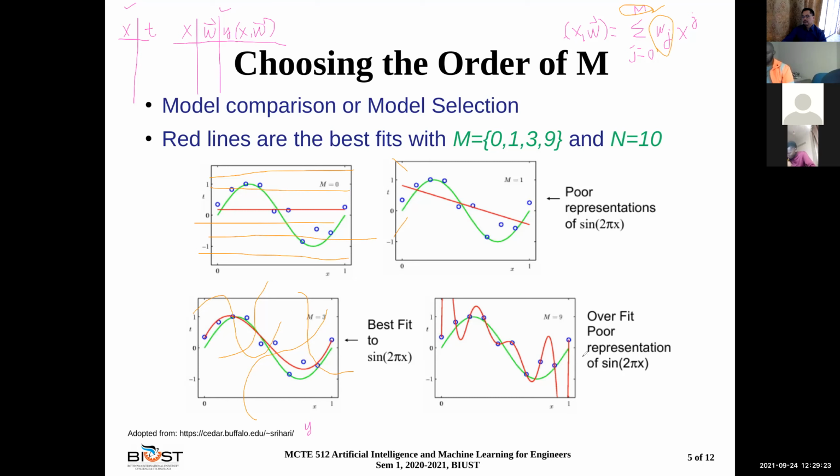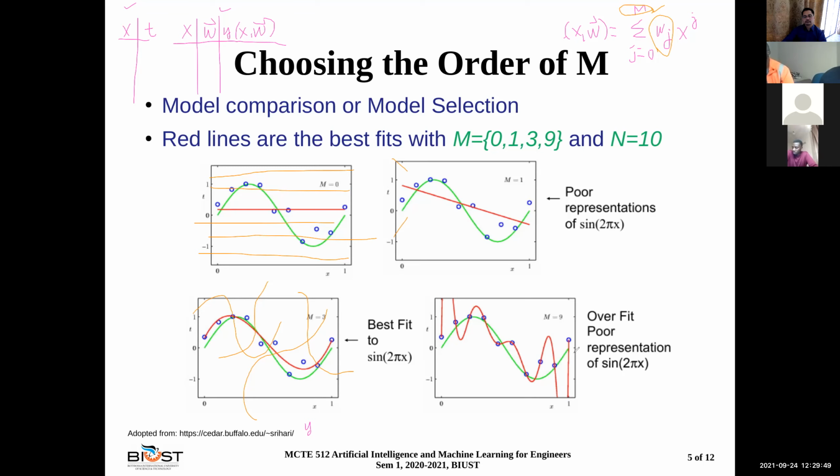This is what we call overfitting. The function has a good fit on the data points, but it is not a good fit of the real function. The real function is a sinusoidal function, and this is too far away from it.